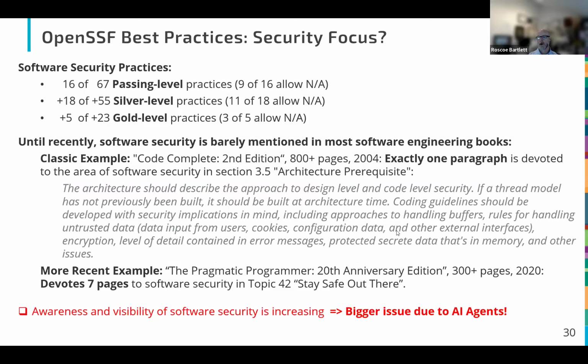Like this massive book, Code Complete, 2nd edition, one of my favorite books on software engineering. It's over 800 pages in 2004, and it had exactly 1 paragraph that talked about software security, literally, in the entire book. More recently, the 20th anniversary version of the Pragmatic Programmer had at least 7 pages devoted to the topic of security. That's something, at least.